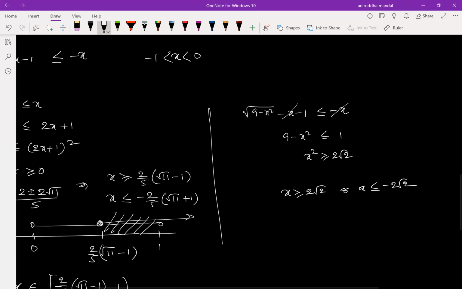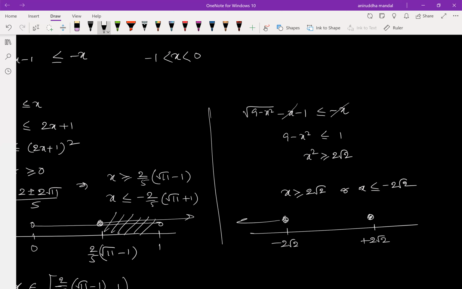If we again plot this, this is minus 2 root 2 and plus 2 root 2, so our expression is x lies above that point 2 root 2, and here towards the left side of minus 2 root 2, and our initial expression is minus 1 to 0.